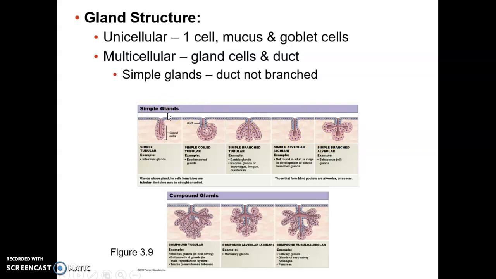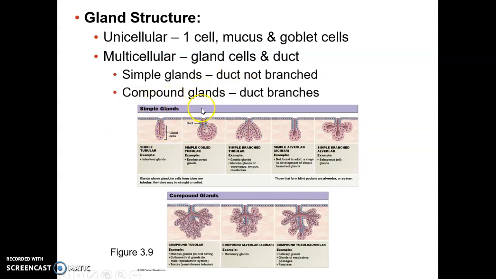You do not need to know the subtypes. So you do not need to know simple tubular, simple coiled tubular, simple branched tubular, etc. Simply know that it's a simple gland, meaning more than one cell, and one duct that is not branched.